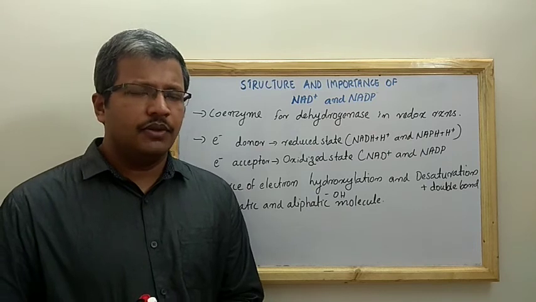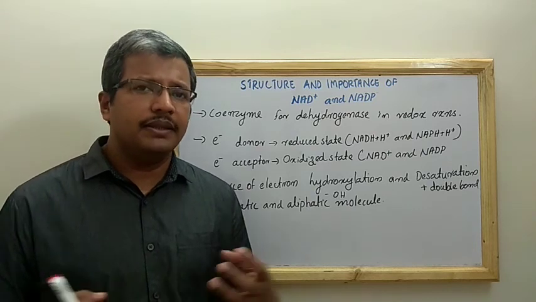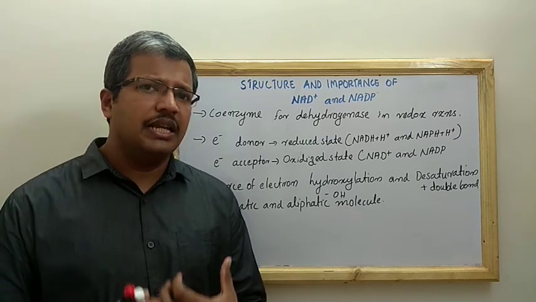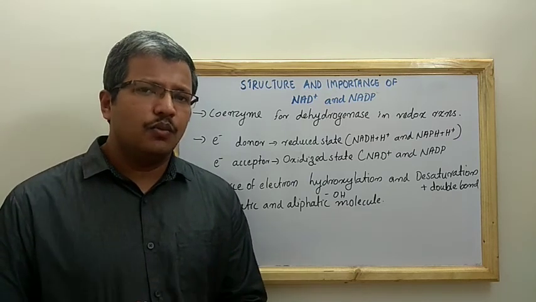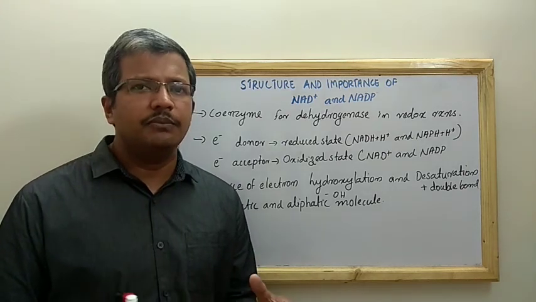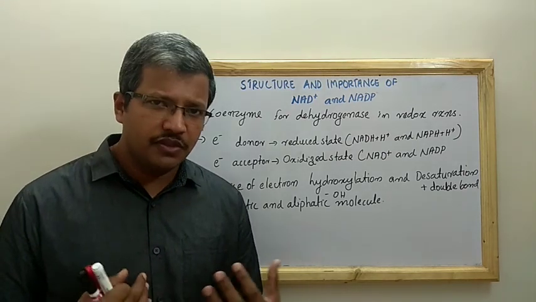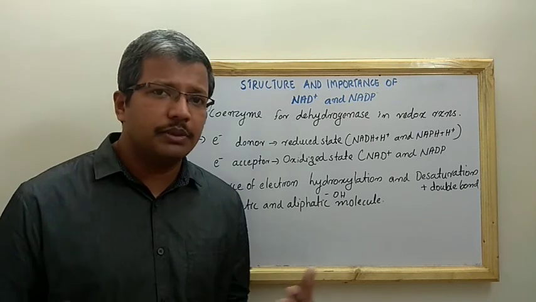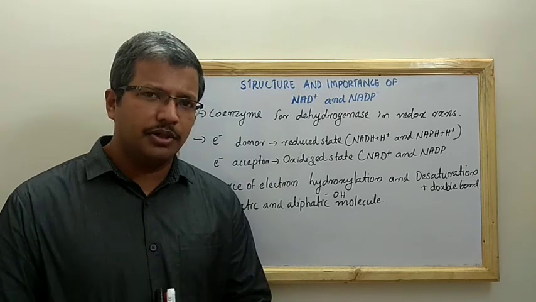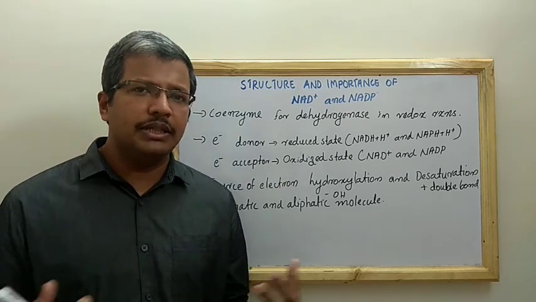Before that, when you get a question, explain the structure of NAD plus, explain the structure of NADP, and so on, what you have to do is draw the structure, but if you only draw the structure, you will not get the full mark. How can you explain it? Just state the individual components of that molecule.